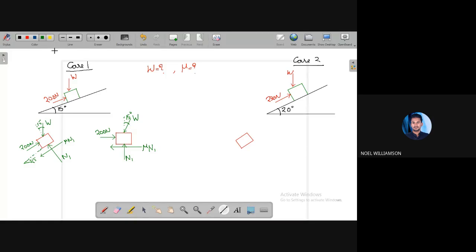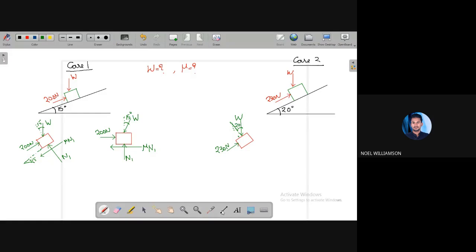Now the forces: the applied force 230 Newton, and the weight W, which is inclined at 20 degree.